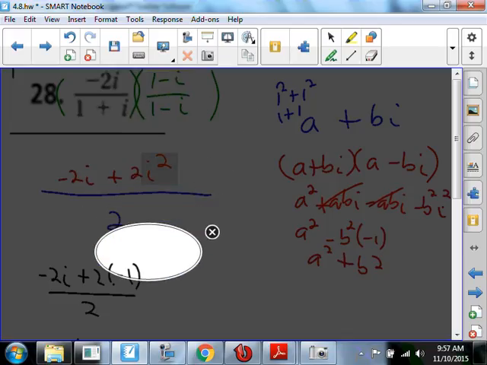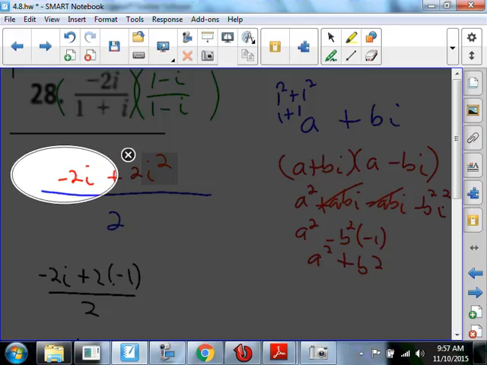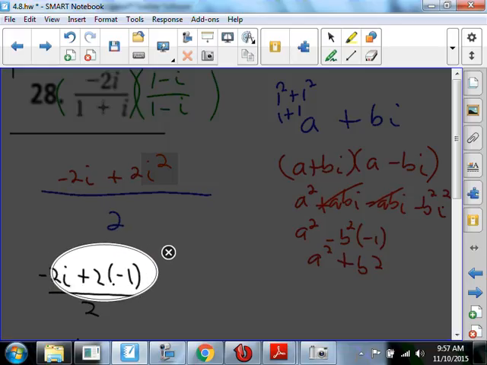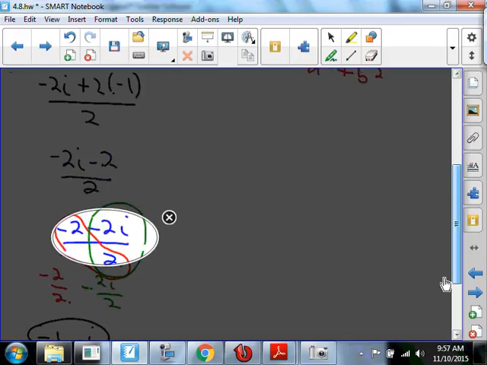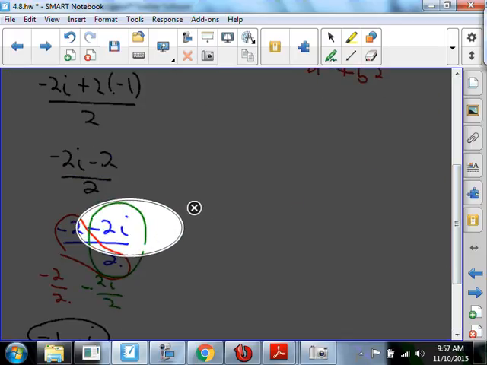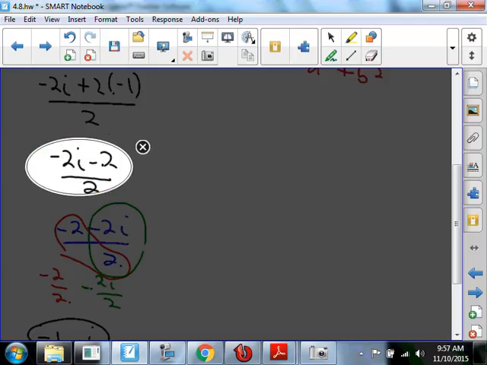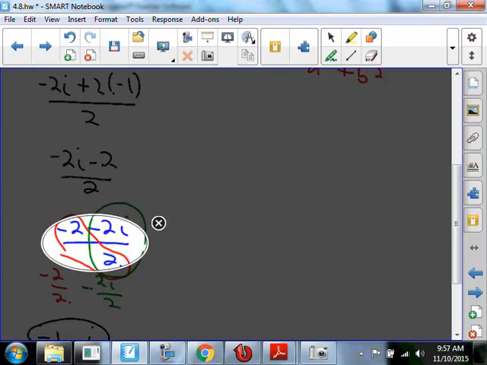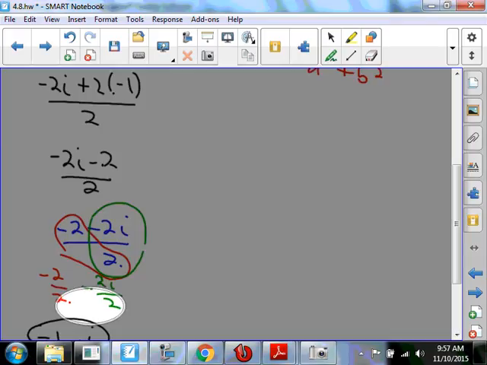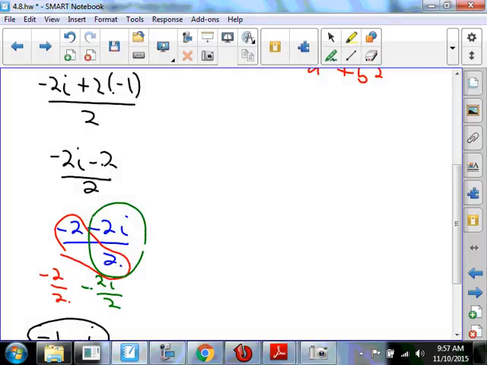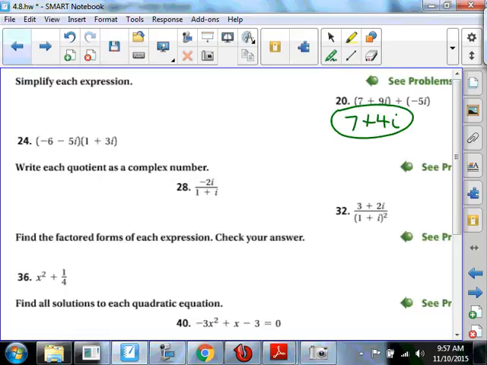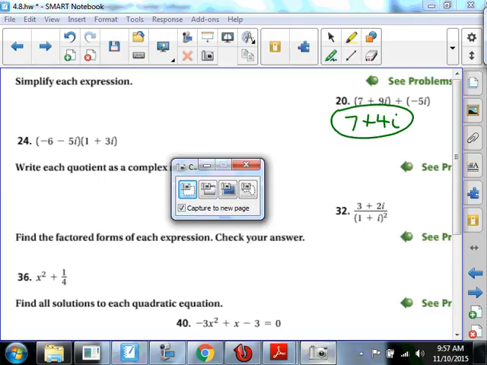I squared is -1, so the -2i is kind of going for the ride. 2 times -1 is going to become a -2. Then I switch the order up just to get it in the right form. I flip the order of the things in the top, and then I split it up into 2 fractions, and there you go. Then I simplified them. So, not going to lie, that one was tough. That one is tough. So is 32.